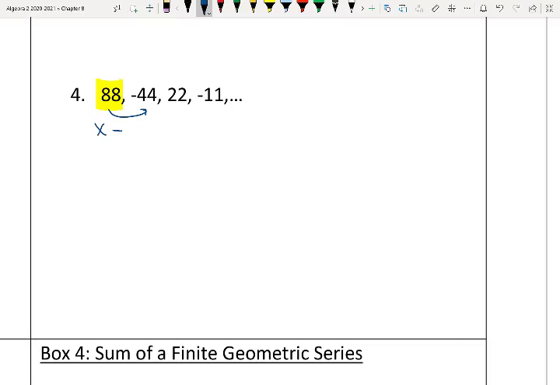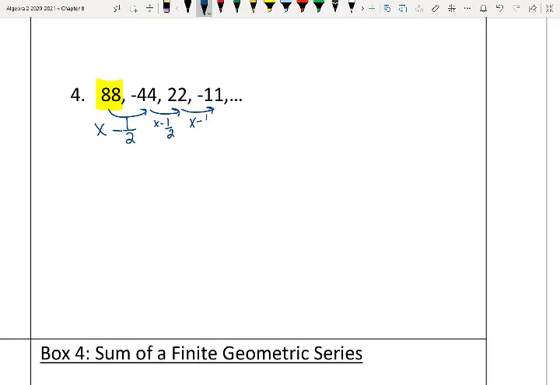Because 88 divided by 2 is 44, 44 divided by 2 is 22, 22 divided by 2 is 11. So since we're dividing by 2, that's the same thing as multiplying by a half. And since our sign is alternating, we want a negative 1/2. Because negative 44 times a negative 1/2 is positive 22.